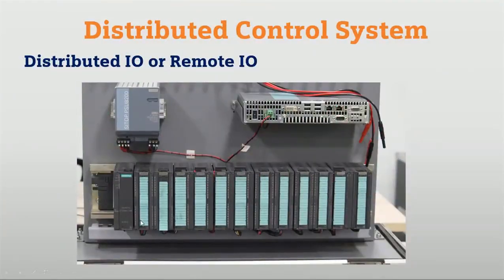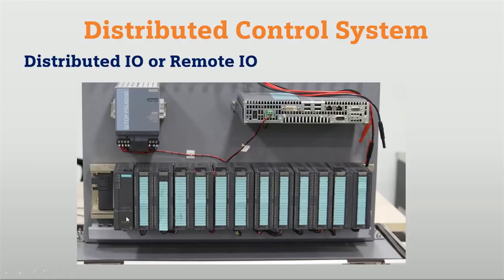So here you can see the distributed IO system. Based on applications we can select the number of inputs and outputs. These can be discrete or analog, and all inputs and outputs can be connected in serial, and from there all IO can communicate with this communication processor.